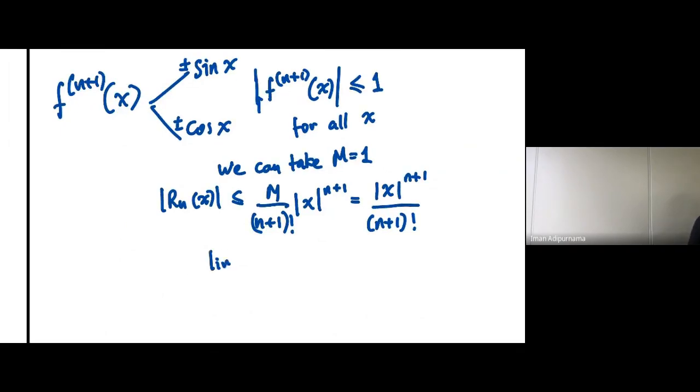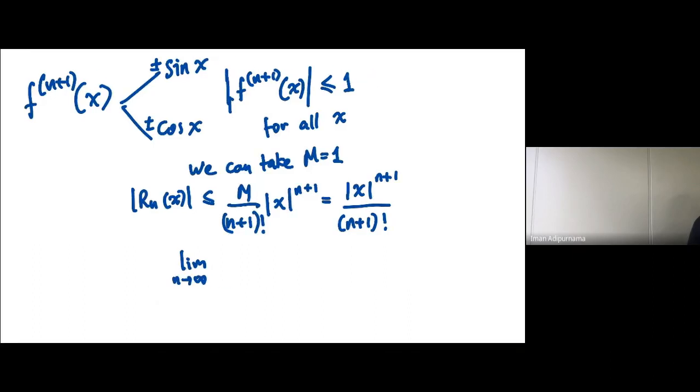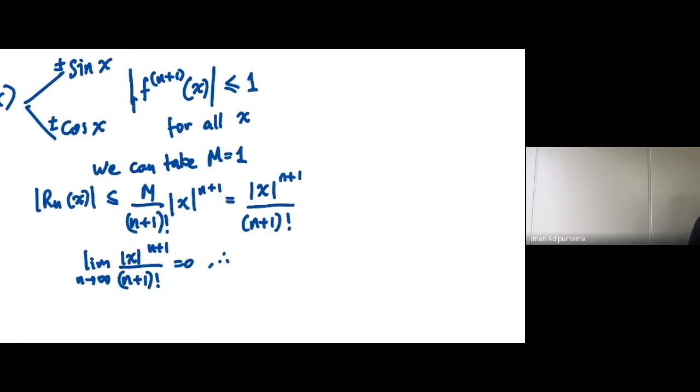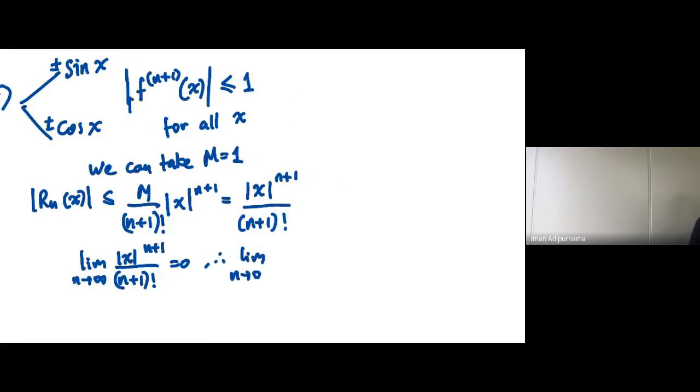And then the limit of this is also 0. So the limit of Rn is also 0.